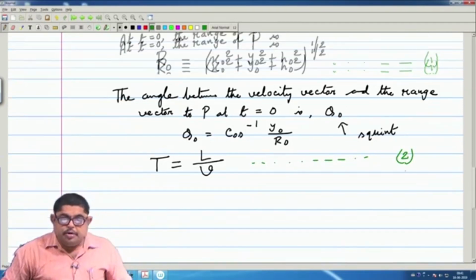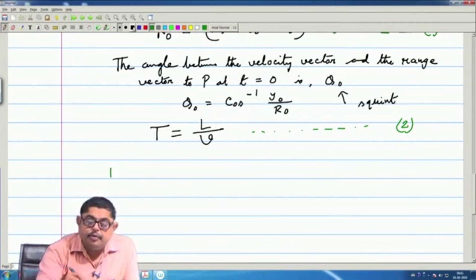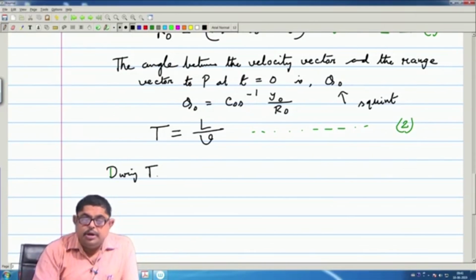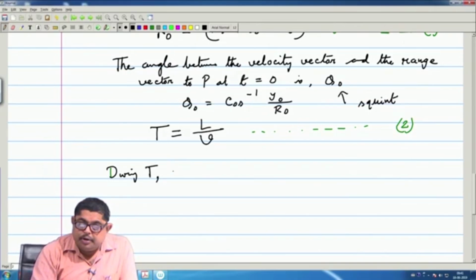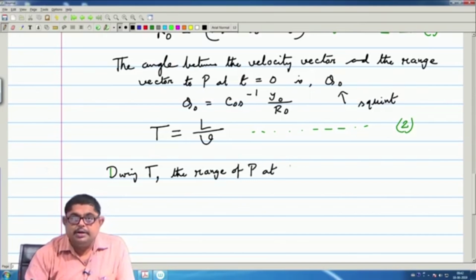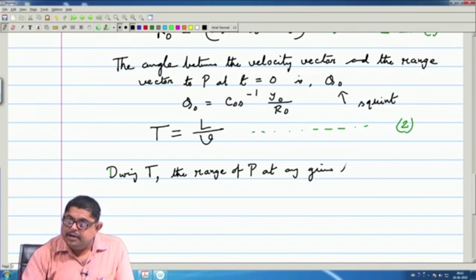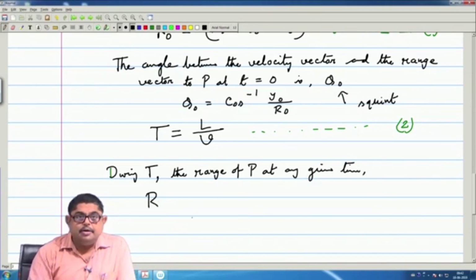Now, during T, the range of P at any given time will be R, not R naught.